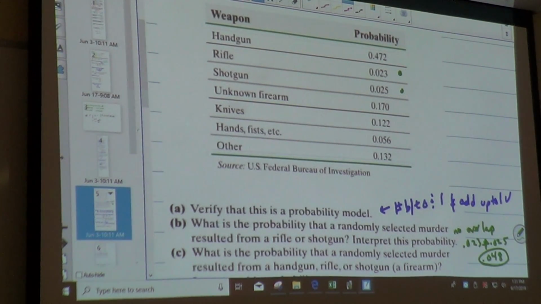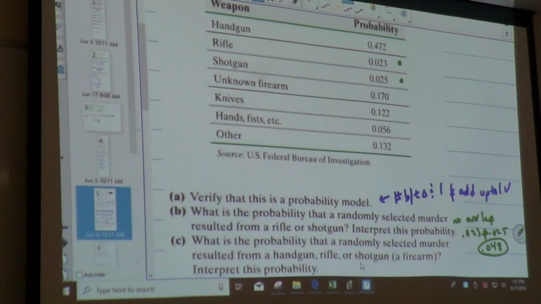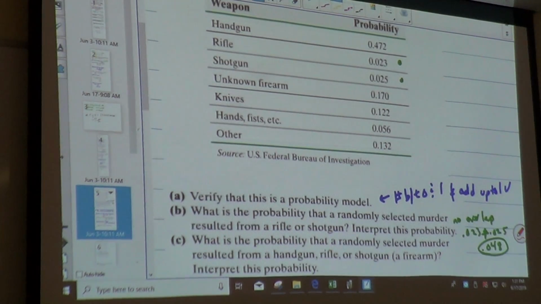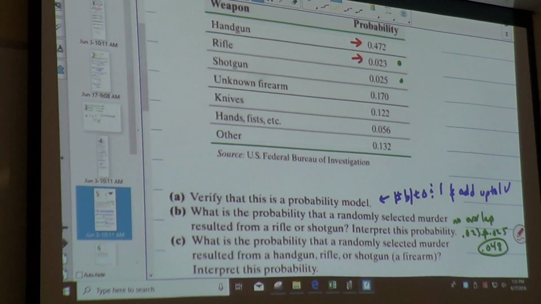0.048. What is the probability that a randomly selected murder resulted from a handgun, rifle, or shotgun, a firearm? For that one, he's saying a handgun, a rifle, or a shotgun. What would I do for that one? Is there any overlap?